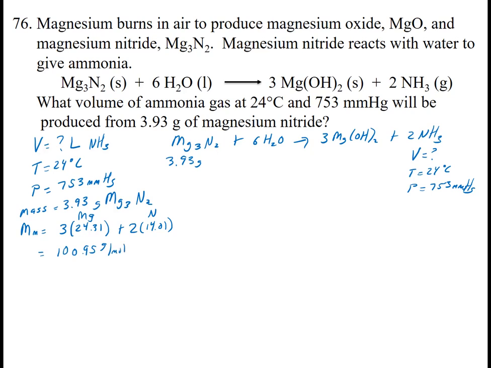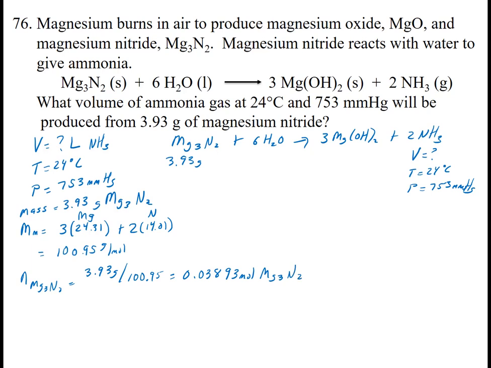So the n of Mg3N2 is the mass divided by the molar mass, so 3.93 grams divided by 100.95, and I get 0.03893 moles of Mg3N2.